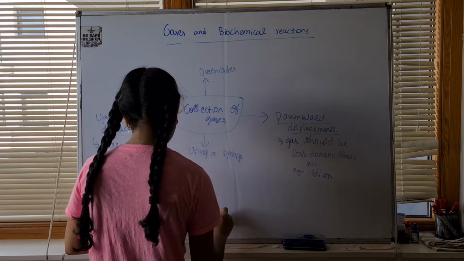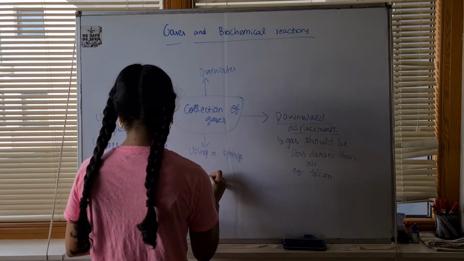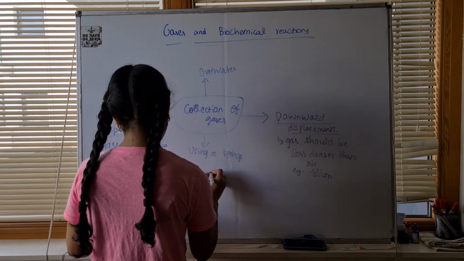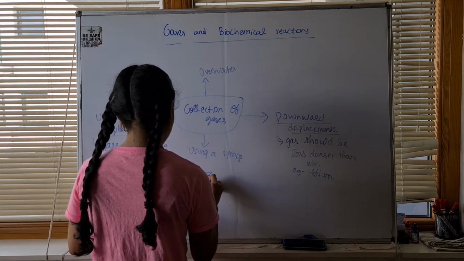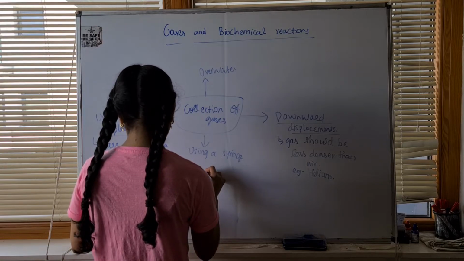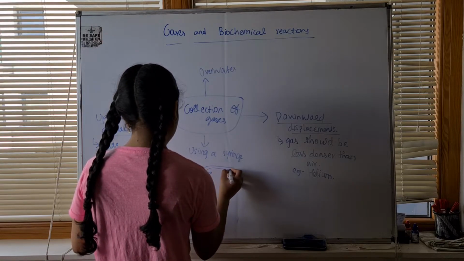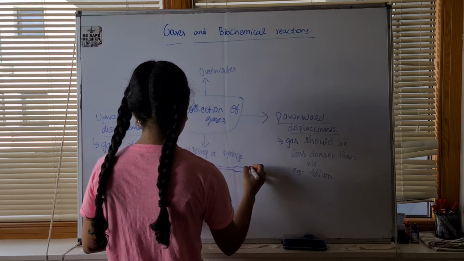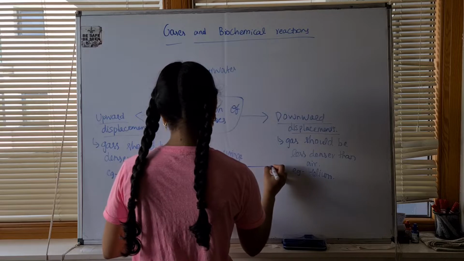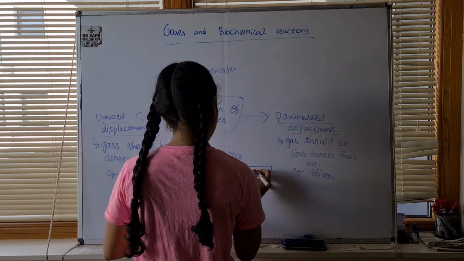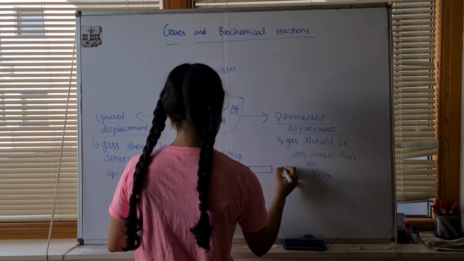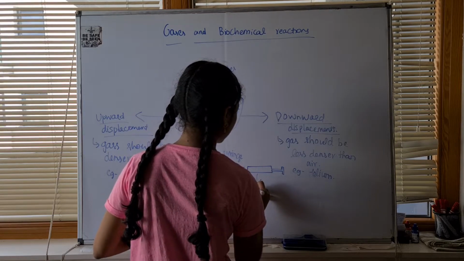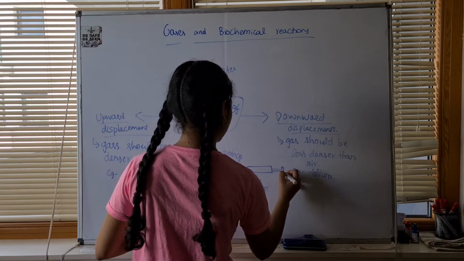This method. This is a conical flask. This is the tube. And this is the syringe. And this is a plunger. So we can label it. This is the syringe. This is the plunger.